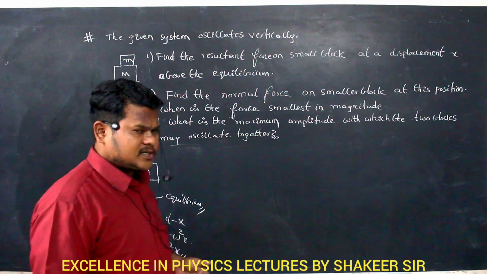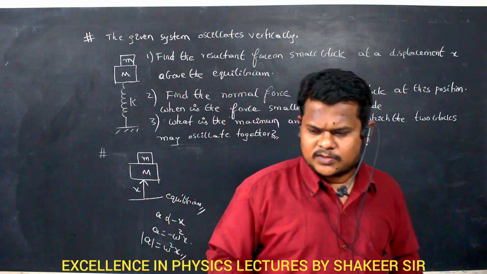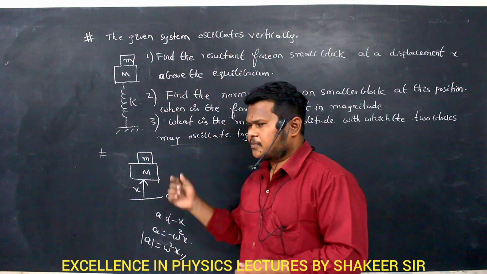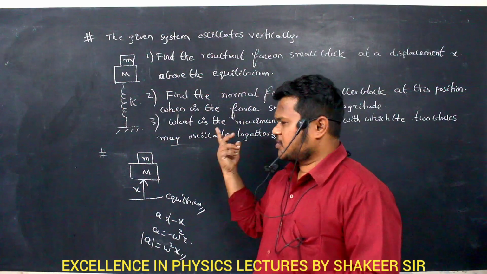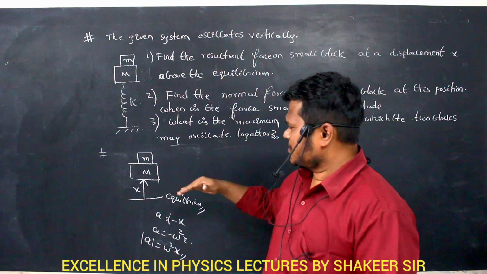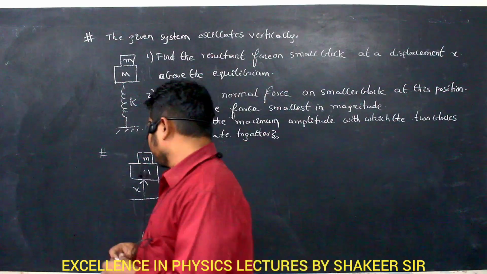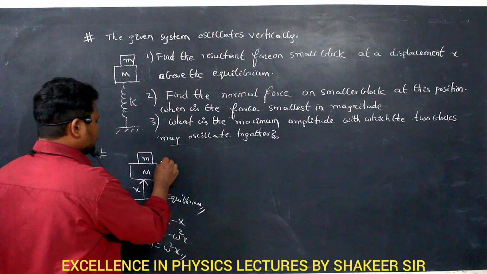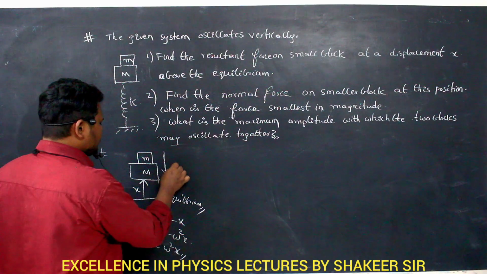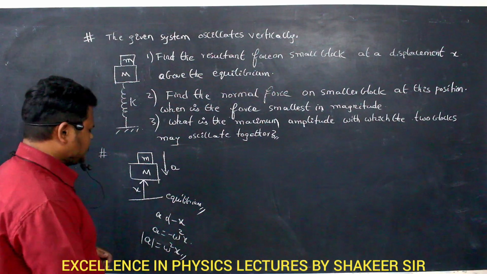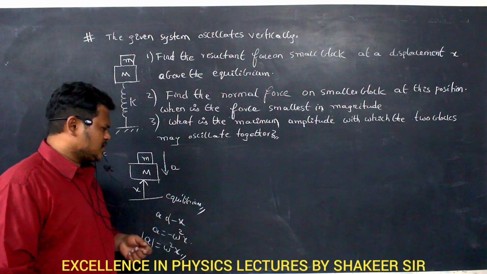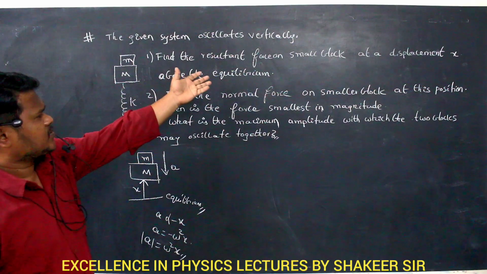Now, this is the acceleration experienced by which mass, capital M or small m? Both of them will experience the same acceleration, since both were displaced by the same displacement from the mean position. Therefore, the acceleration produced in the total system is a. If the acceleration produced is a, what am I supposed to find out?